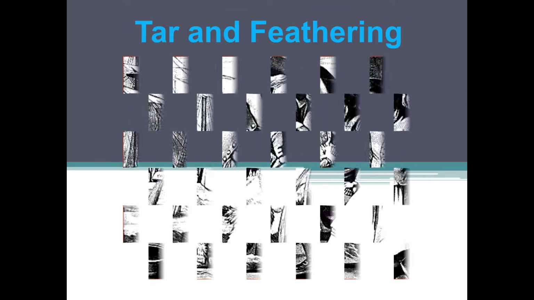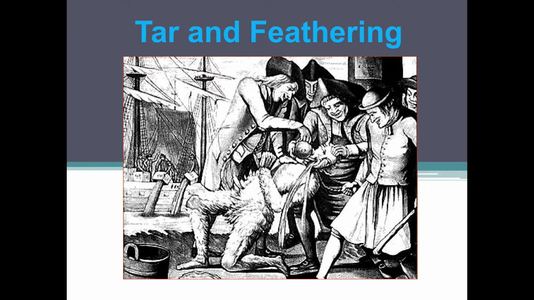For instance, tar and feathering. This is not a fun process to go through. I think sometimes we hear, oh, tar and feathering, and we see pictures like this. Here is a British agent. He's either stripped to his underwear, or in some cases maybe even stripped completely.